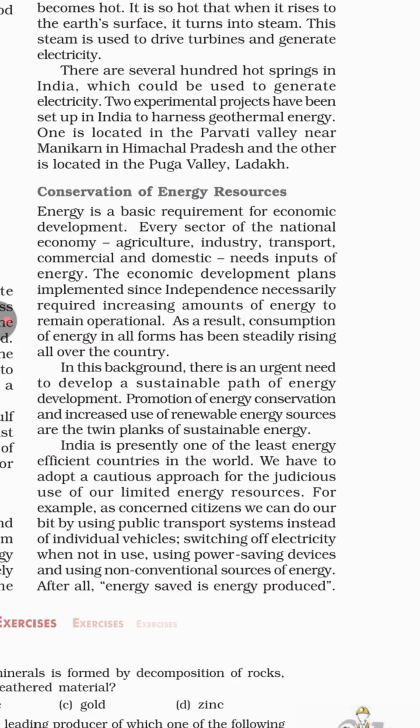Use power saving devices, power saving electric bulbs. Use non-conventional sources of energy. No, we are not doing it. Please remember, energy saved is energy produced. Yes, I know we cannot save up energy like money in the bank, but we can reduce the wastage of energy also.